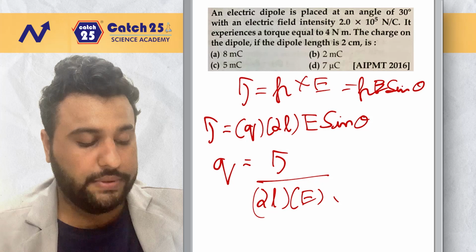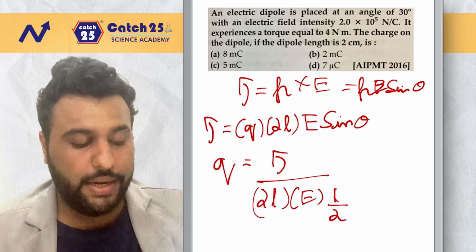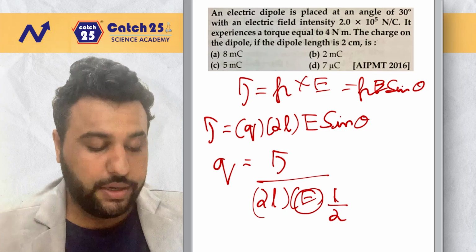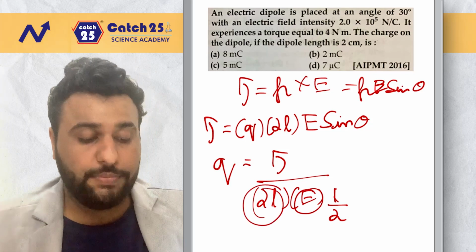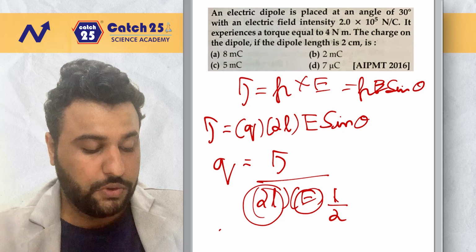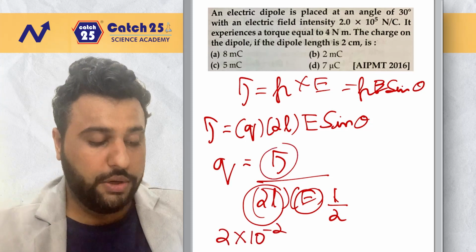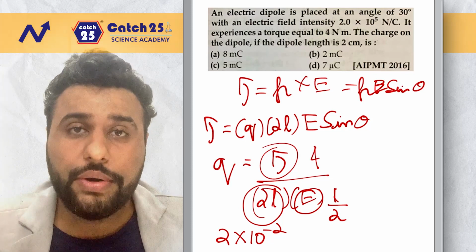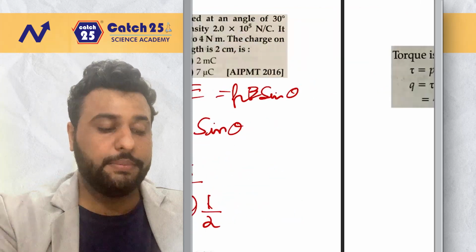And what is the value of sine 30? The value of sine 30 will be half. Is electric field given? Yes, electric field is also given. Is the length given? Yes, but the length is given in centimeter. So I will convert it into meter. Is torque given? Yes, torque is given. Torque is given in SI unit. Therefore, I can directly substitute.